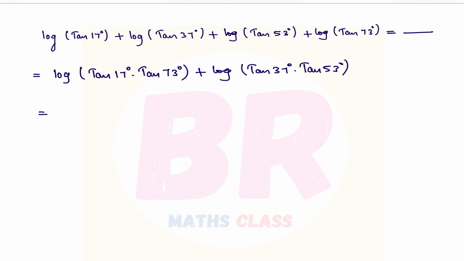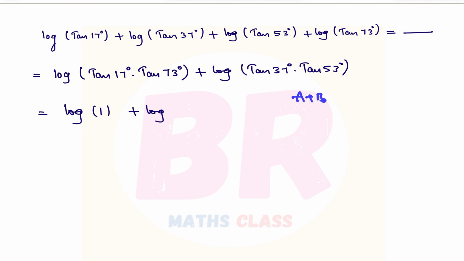Okay, you observe here 17 plus 73 is what? Is 90 degrees, correct? So if a plus b is 90 degrees, you know from that shortcut tan a into tan b is 1. Yes, so logarithm of tan 17 degrees into tan 73 degrees is 1. Plus logarithm of, you observe this part, 37 plus 53. 37 plus 53 is 90 degrees.